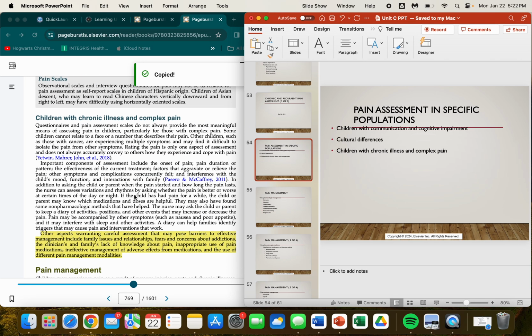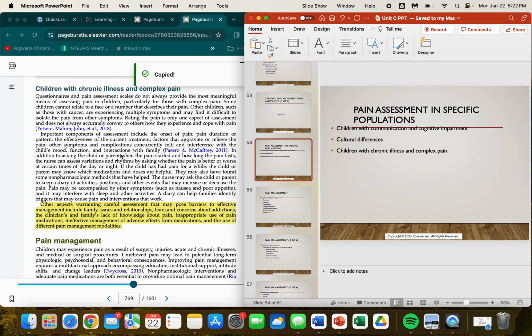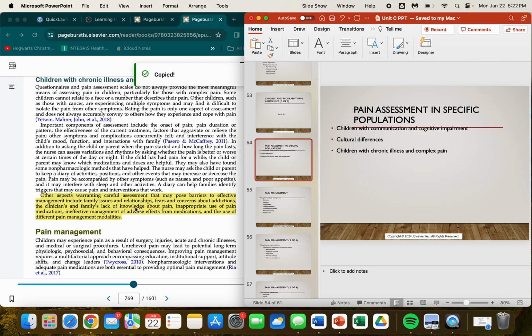When we talk about children with chronic illness and complex pain, questionnaires and assessment scales don't always provide the most information that we need. A lot of times we want to do a more thorough assessment and look into the things that may pose barriers to that child and what they need.